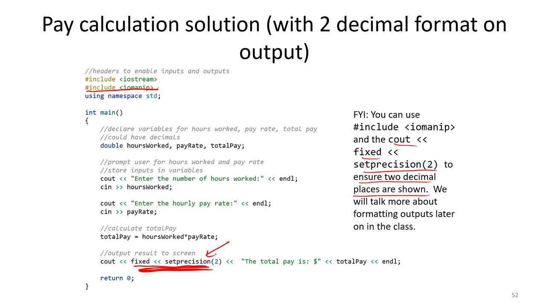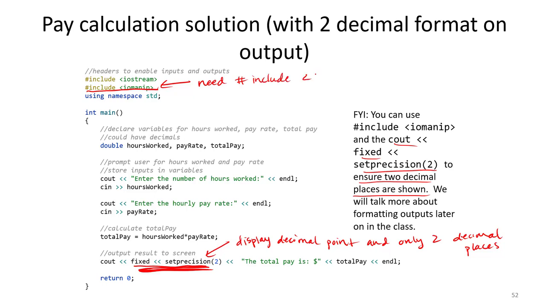Here we first tell C++ to display the decimal point and only 2 decimal places. So we need iomanip to format decimal numbers.